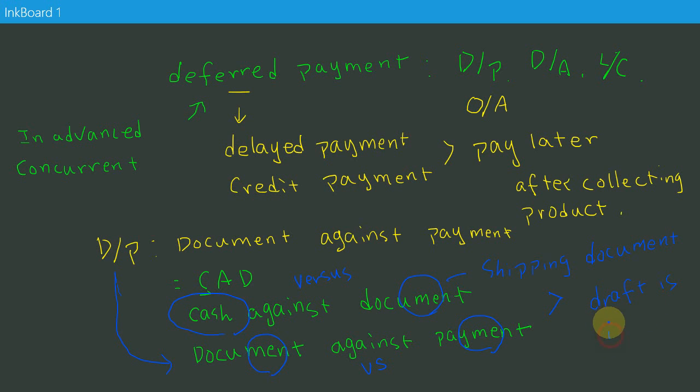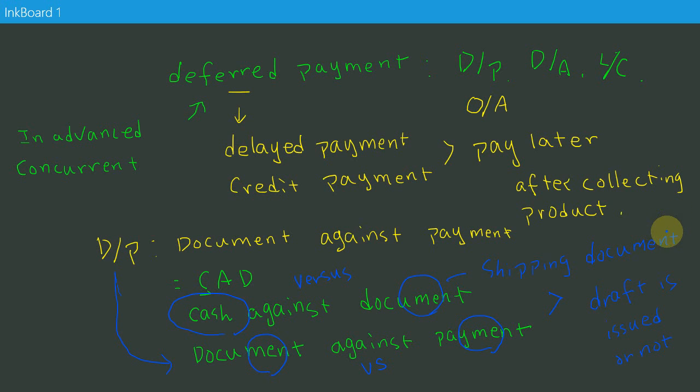In concurrent payment CAD and deferred payment DP, the procedure is the same but the terms are different, because of one big difference between the two methods: whether a draft is issued or not.